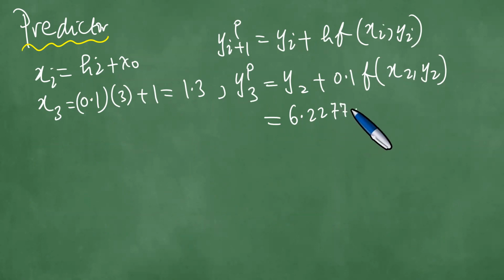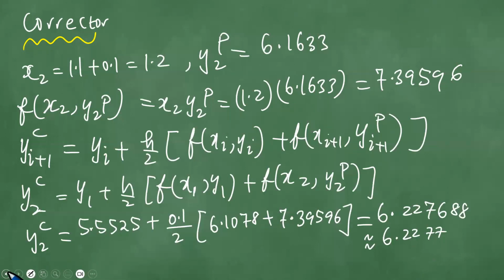6.2277 plus 0.1 times f of x2, y2. So what is f of x2, y2? Obviously, what is x2? x2 is 1.2.